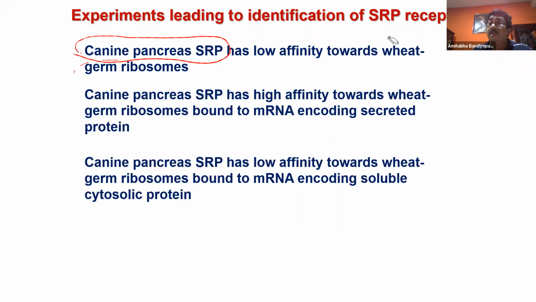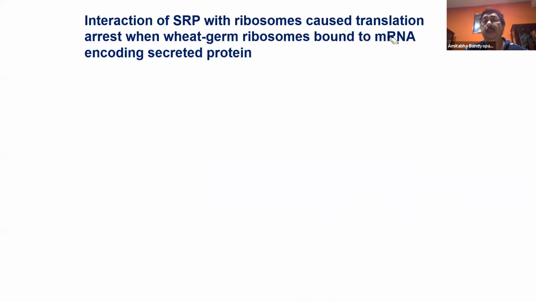But if it is translating mRNA encoding soluble cytosolic protein, then there is very low affinity. That fits the hypothesis, right? If the ribosome is translating a secreted protein, then it will be recognized by the SRP. If it is not translating a secreted protein, then it will not be recognized by the SRP.